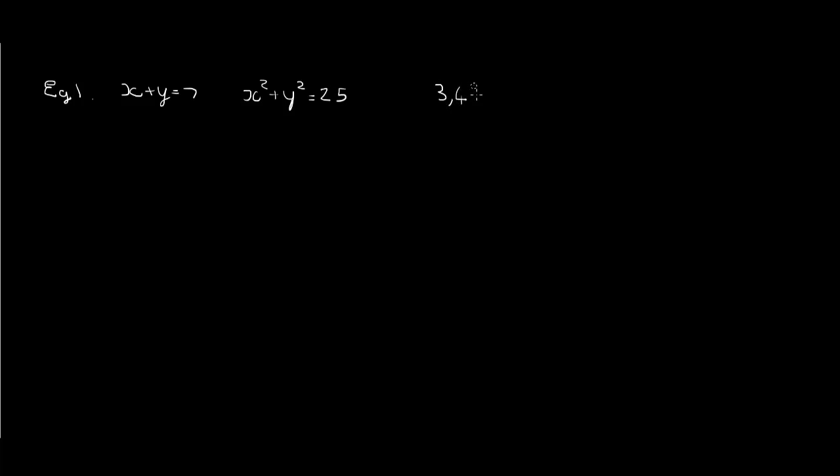So examples for you to try. Show the solutions for that pair of equations is 3, 4 or 4, 3. Another one. There's your linear equation, and there's a quadratic. Same quadratic actually, just a different linear equation.